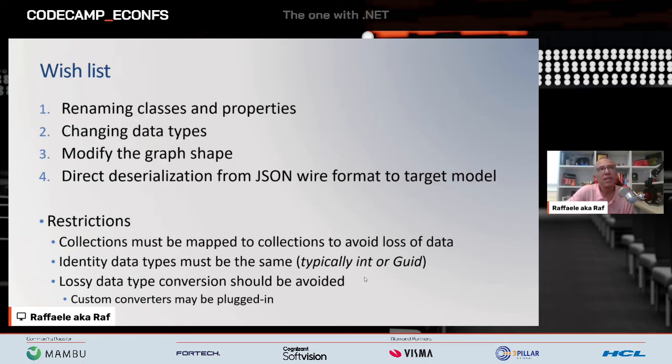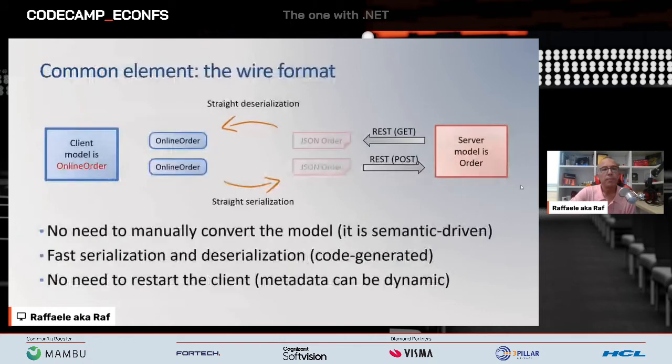If you want to convert an integer to GUID, maybe you want to hook the conversion and make it take place with a lookup table. And this is acceptable. I mean, it's good. But there are lossy conversions also, because if you convert a decimal to a double, you are going to have a lossy conversion. And maybe it's acceptable, maybe not. We will see how to deal with that.